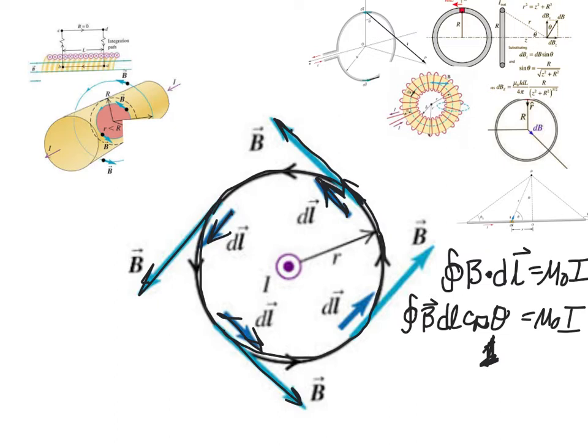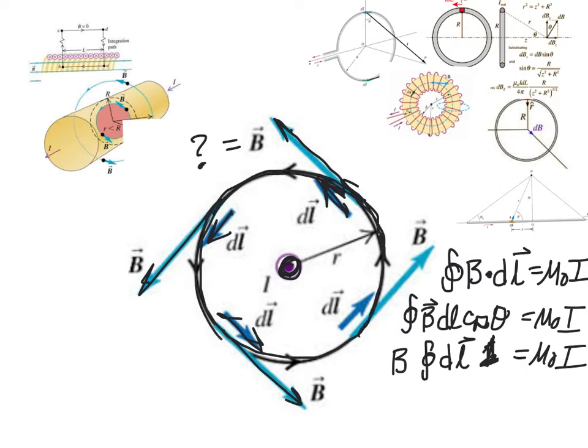And since it's a circle, it's the same distance from the wire, so whatever the field is, even though we don't yet know what it is, it's going to be constant. So like we did earlier, it comes out of the integral. And so we have B times the integral around the closed loop of all the dl's times 1 equals mu naught I enclosed. If we go around a circle, a closed loop, and add up all the displacement vectors, we get the circumference of the circle.